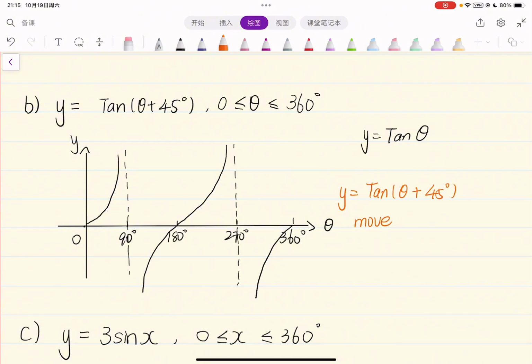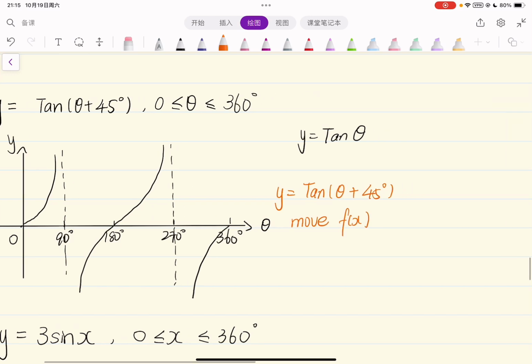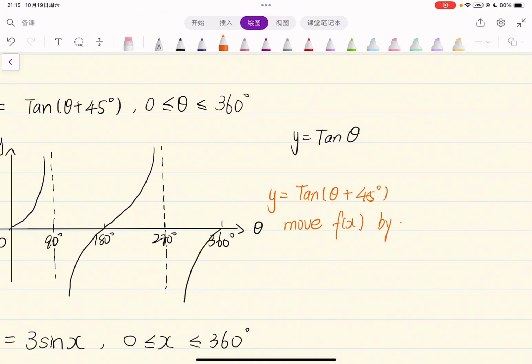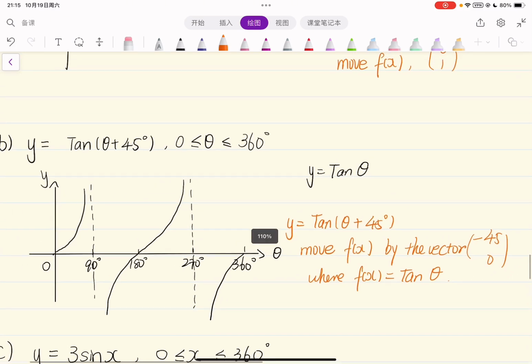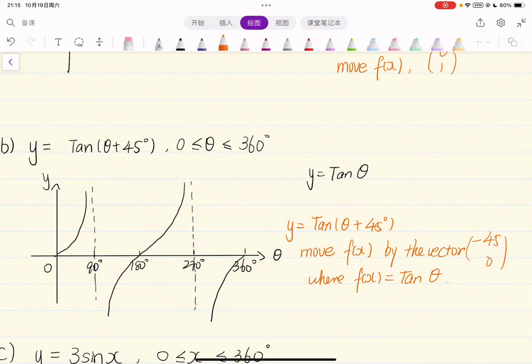You move f(x) by the vector (minus 45, 0), where f(x) equals tangent theta. So you move the graph to the left about 45 degrees.